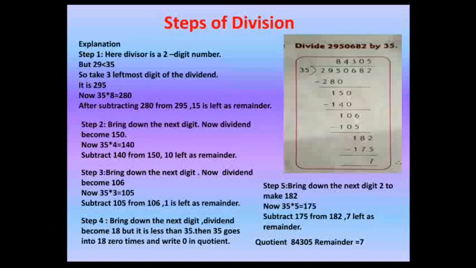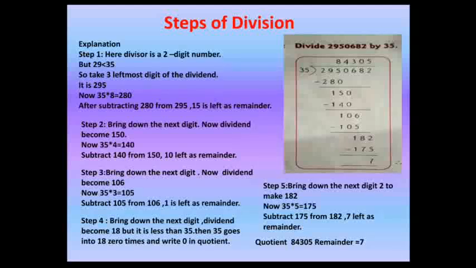Here are the steps. It is clearly mentioned. If you follow these steps, you can divide any large number very easily. So let's start from step 1. The question is: divide 29,50,682 by 35.